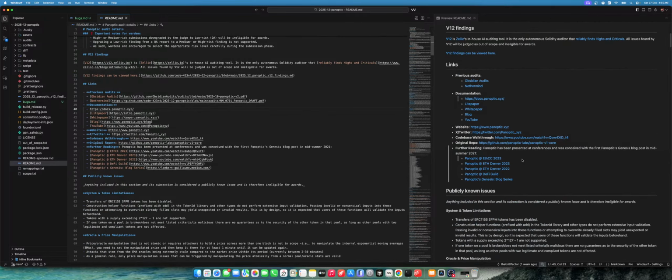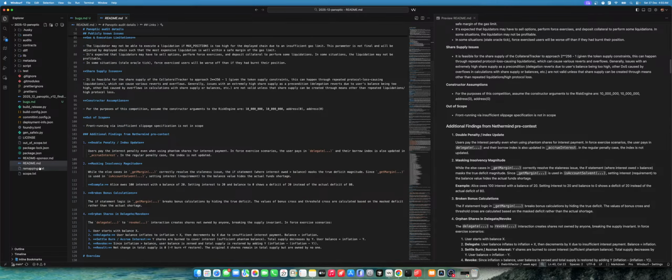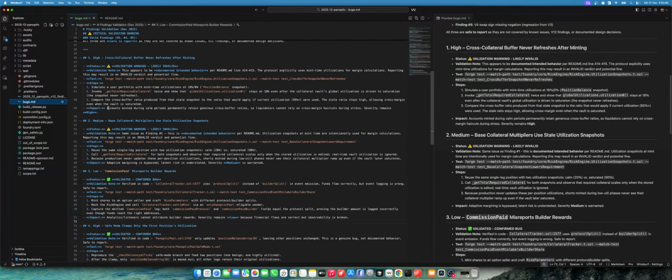What my friend sent me was: the collateral buffer never refreshes after minting? I don't understand. Let's read the readme.